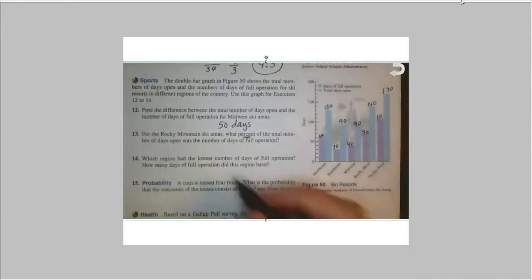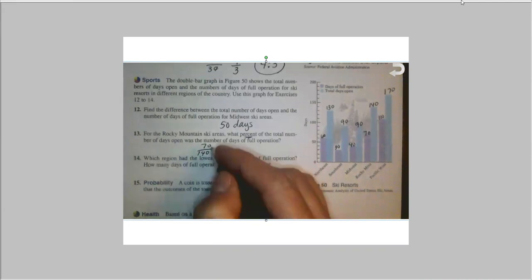So 70 out of 140 days. I can reduce that, divide it by 10. 7 over 14 is also 1/2. 1 divided by 2, you know that, it's 0.5. Times it by 100, shift that over, that's going to be 50%.